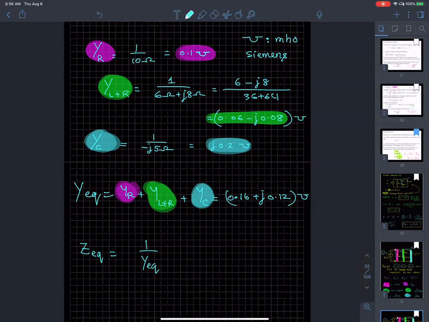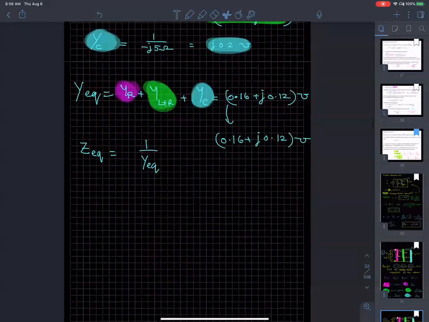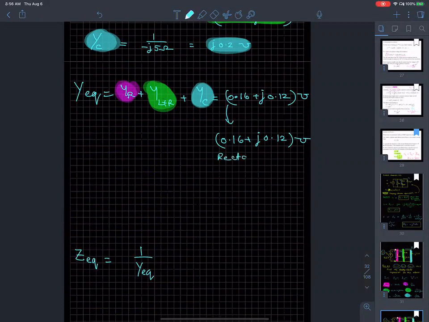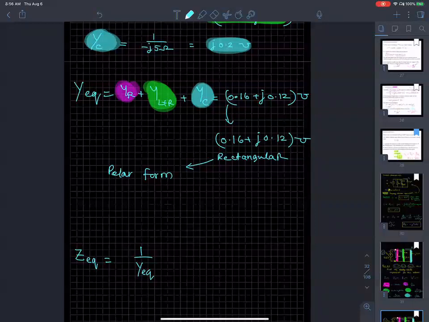Now 0.16 plus j0.12 mho is in the rectangular form, and I want to convert it to polar form, just so it's convenient for me. When I go from rectangular form to polar form, I'm going from x plus jy form to A angle phi form.